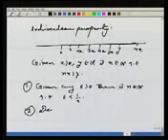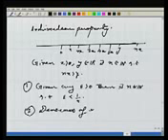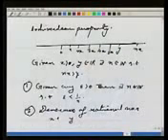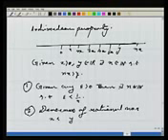Then the second property was denseness of rational numbers. That is, given any two real numbers x and y, suppose x is strictly less than y, then there always exists a rational number r which lies between x and y. And then we have proved the analogous property for the irrational numbers.